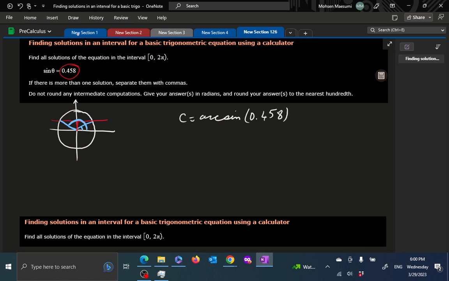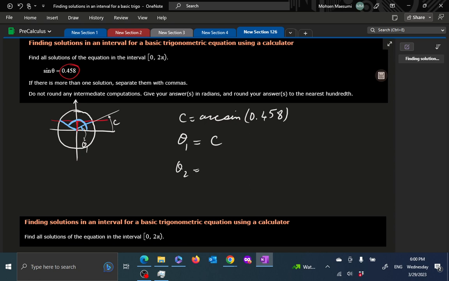It happens that this is good enough for the first solution. Theta 1 is equal to c. How about theta 2?